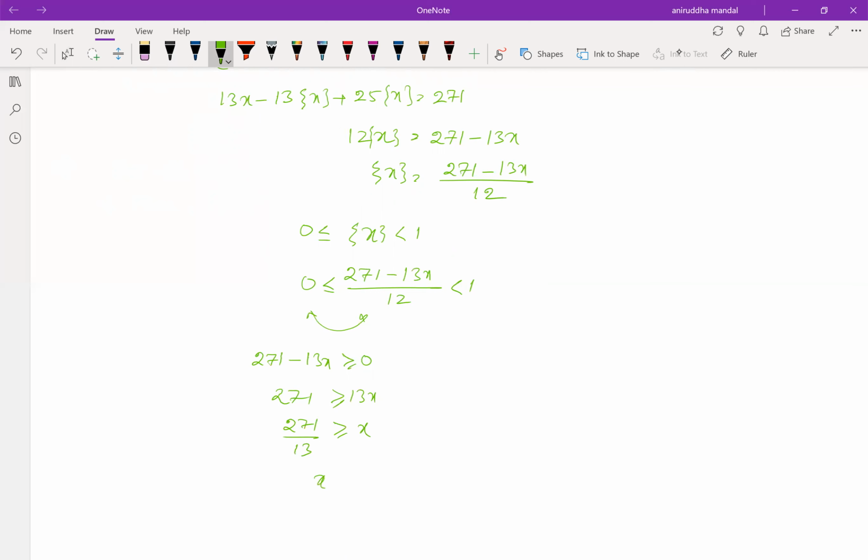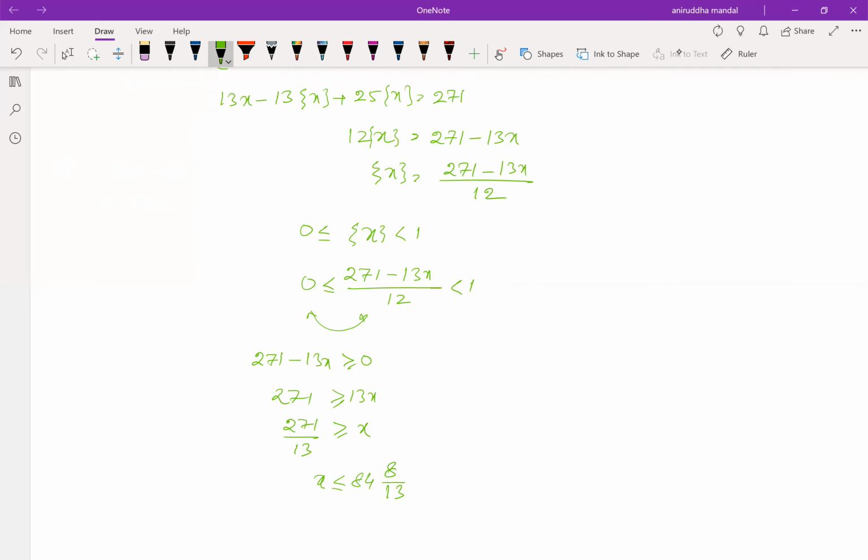If we simplify further, this is coming around 84 whole 8 by 13.